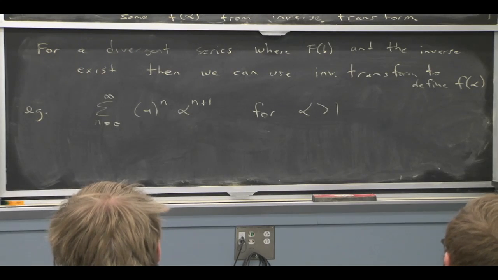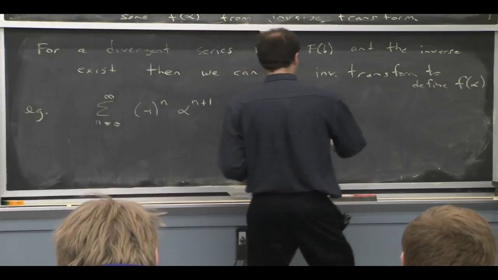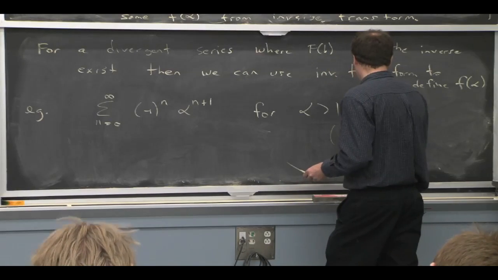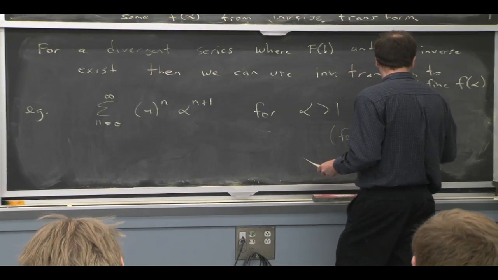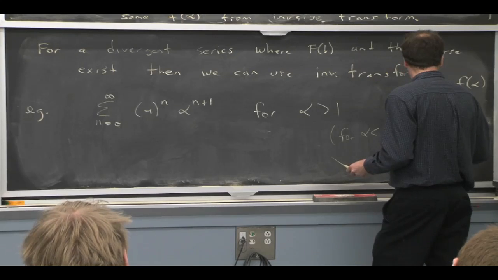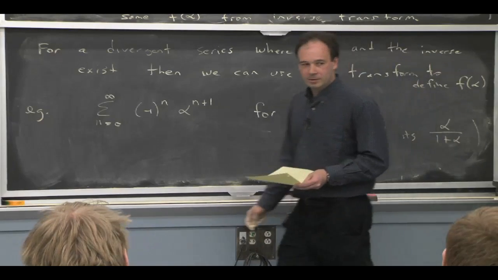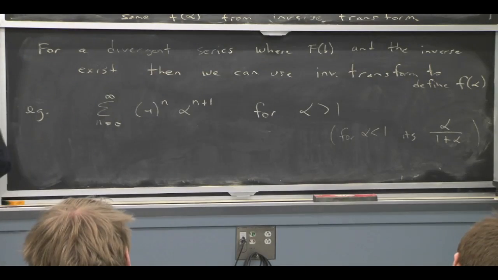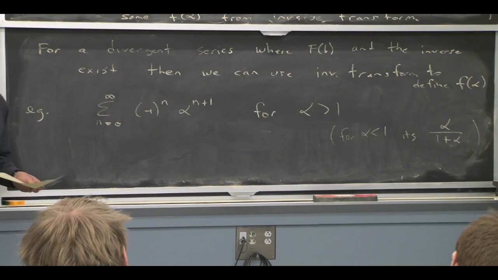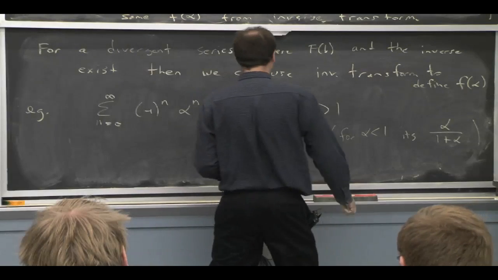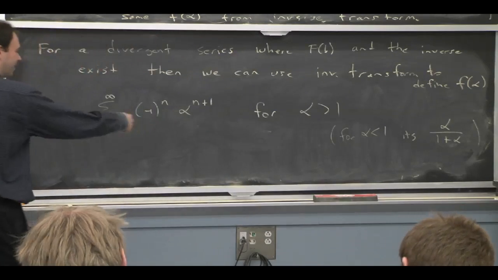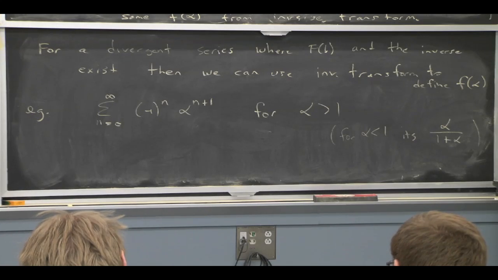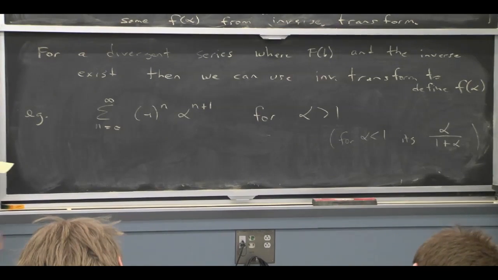That series doesn't converge. Of course, for alpha less than 1, it would converge. And if I asked you what it should be, you would say, well, I calculate for alpha less than 1 and I analytically continue, and it's alpha over 1 plus alpha. Well, that's one way of getting there. Another way of getting there is using this Borel transform.